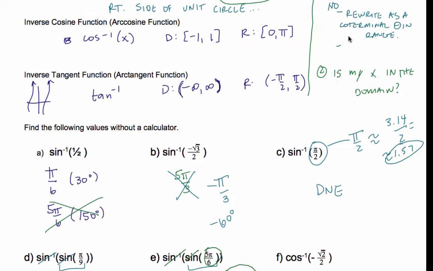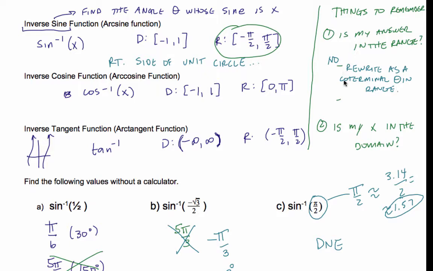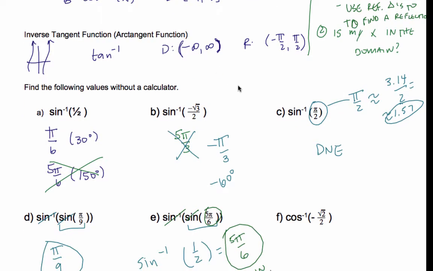Okay, so the other thing that could happen is if my answer is not in the range, is there a reference triangle? So I use reference triangles to find a reflection. Okay, so that could also happen.